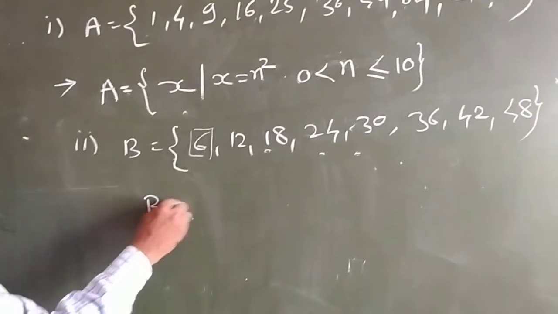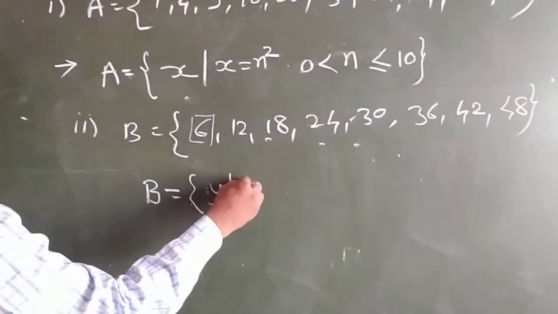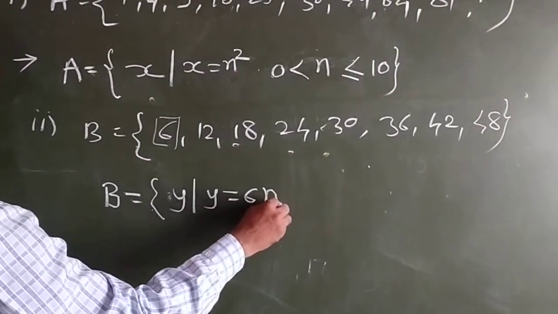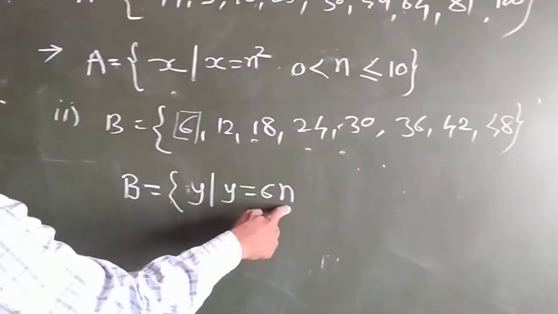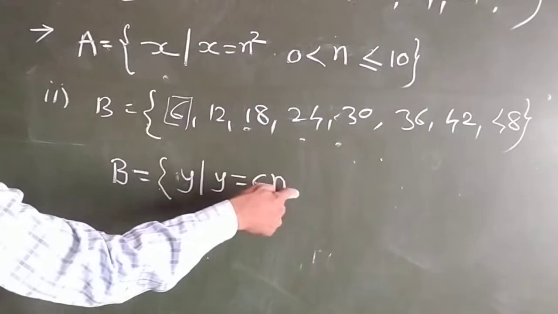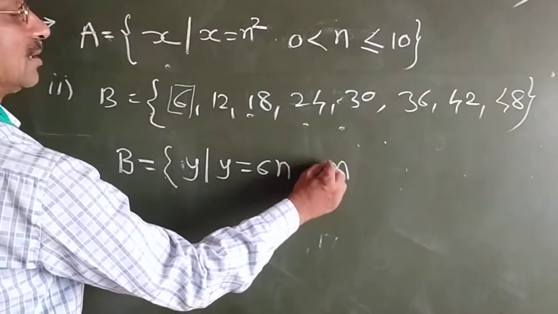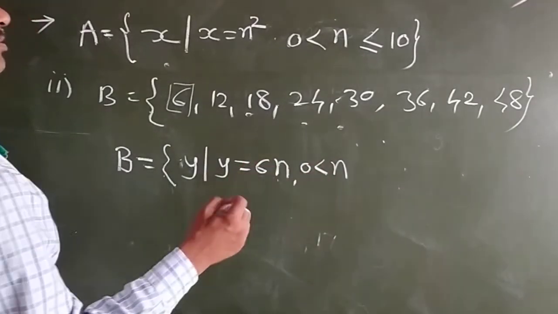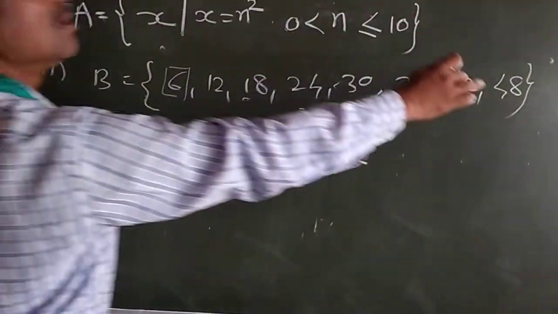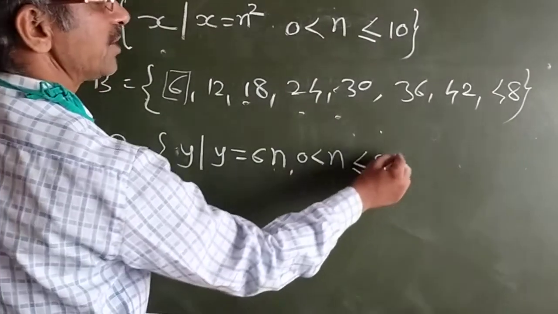We write B is equal to, suppose here we take y, then y is equal to what? A multiple of 6 means 6 into n: 6 into 1, 6 into 2, 6 into 3 is 18, 6 into 4 is 24, where n is greater than 0 and less than or equal to 8, because we are not going up to 10 but up to 8.